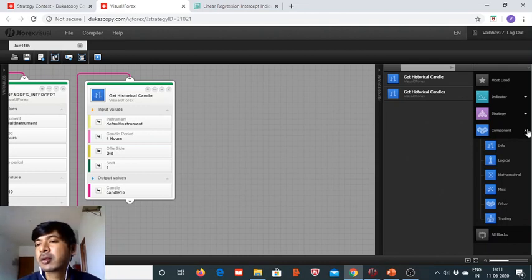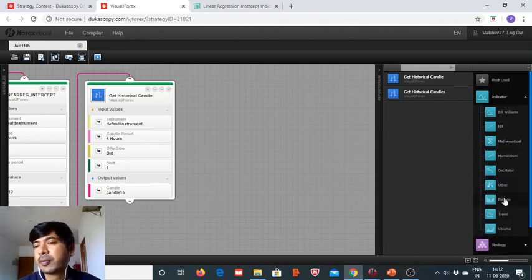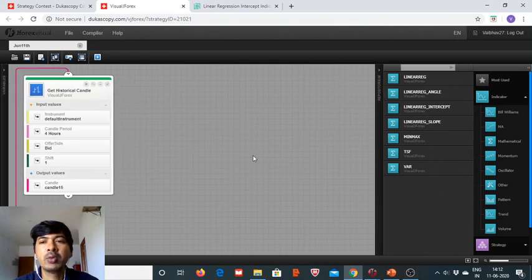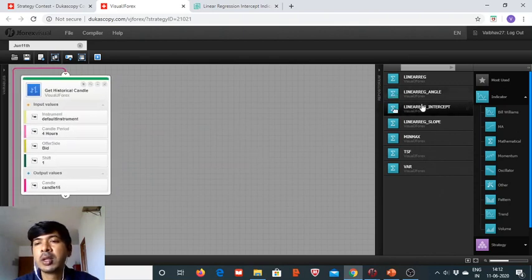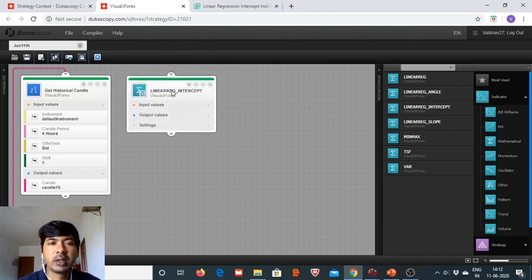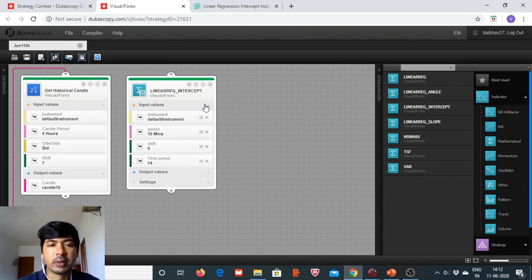And then next thing is we need to look at the hourly setup, and for that we are going to take into account the linear regression intercept values for the last 5 hours, and then we will be doing the comparison.